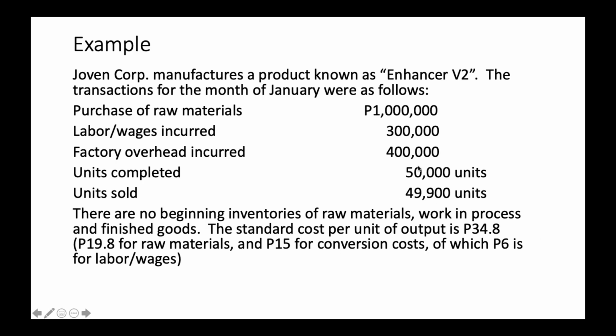So for these 50,000 units, 19 pesos and 8 centavos of raw materials were applied. Therefore, 50,000 times 19.8 is 990,000 pesos.